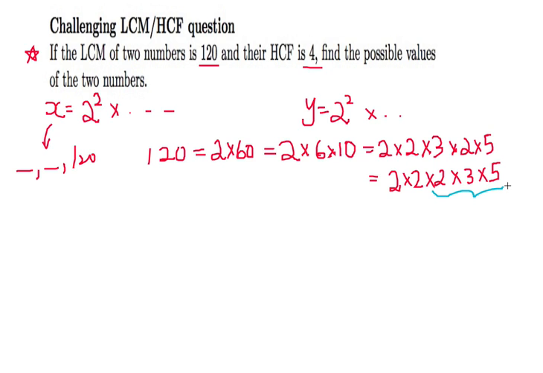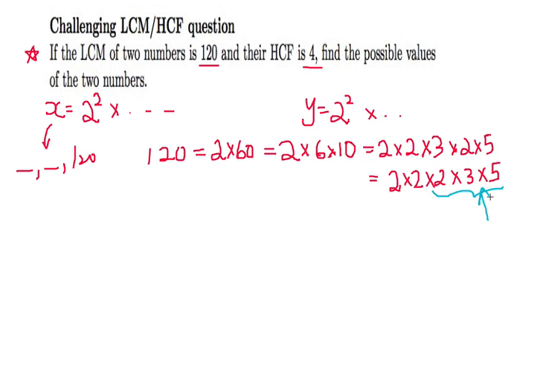Both numbers must have the common factor 2 times 2, which is 4, but the other prime numbers 2, 3, and 5 can only exist in either one of them.